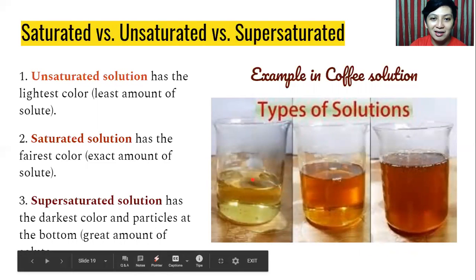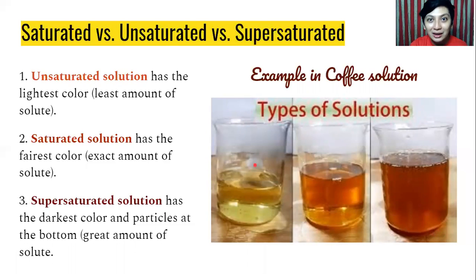Okay, you can see in its different coloration and its precipitation. Precipitation, yung mga particles sa ilalim. Okay, so we have this one as unsaturated kasi konti lang yung solute. We have saturated because you have dissolved an equal amount of solute in a given solvent. And last is supersaturated. You exceed. Okay? Ibig sabihin, napadami yung ginamit mong solute.